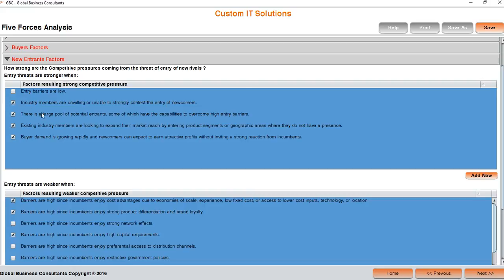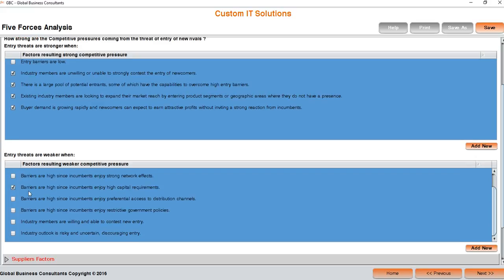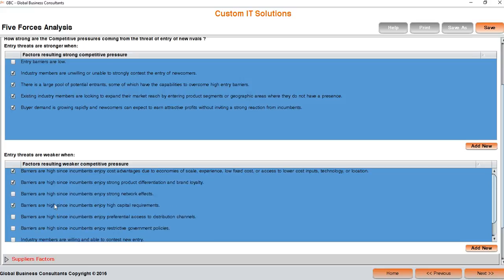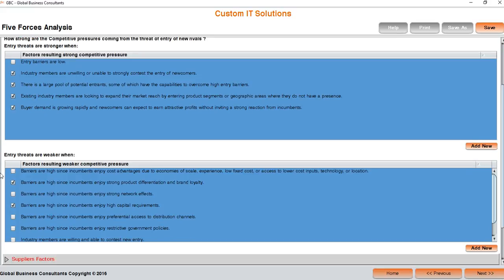So entry threats aren't that high, and entry threats are weaker when barriers are higher, but in this case, the barriers are not that high. The one that I am going to untick from what I've already ticked is 'barriers are high since incumbents enjoy cost advantages.' I'm going to untick that and say that the barriers are not that high to enter our market.